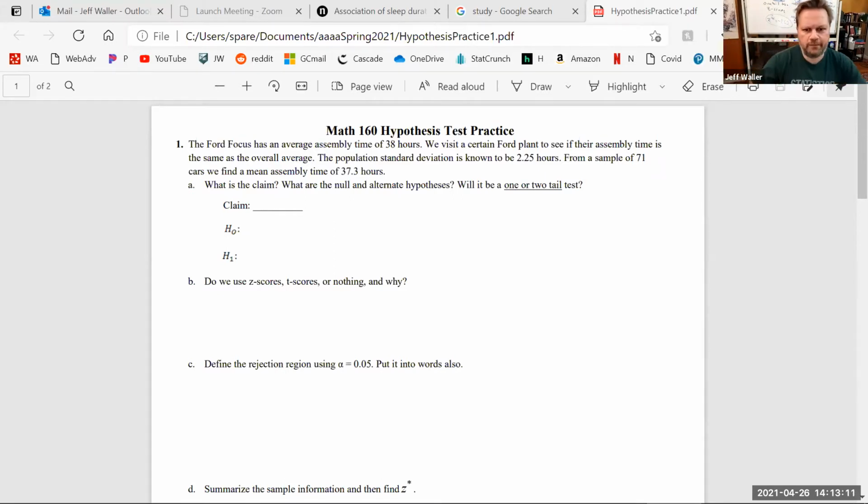Read through this about the Ford Focus. Do they still make those things? All right, everybody should be working on this. So, somebody help me out. What's the claim that's being made?